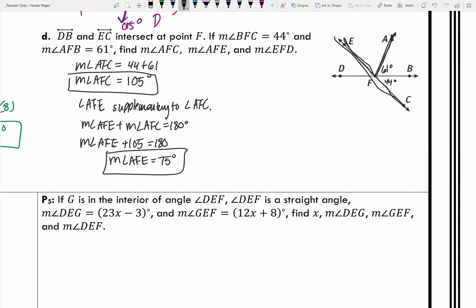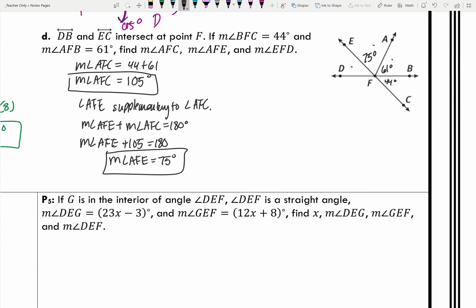All right, and then lastly, let's go ahead and draw this on here. The measure of angle EFD. So similarly, I know that this 180 degree straight line is made up of these three angles. So to find EFD, I can just subtract from 180 these two, because that's essentially what I did right here.